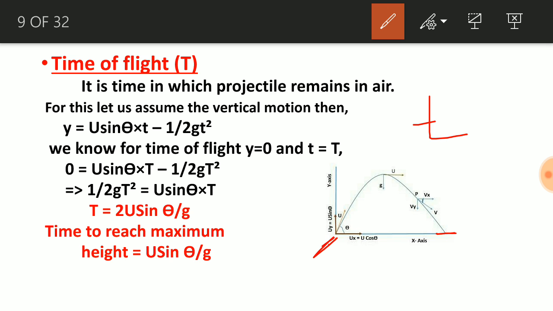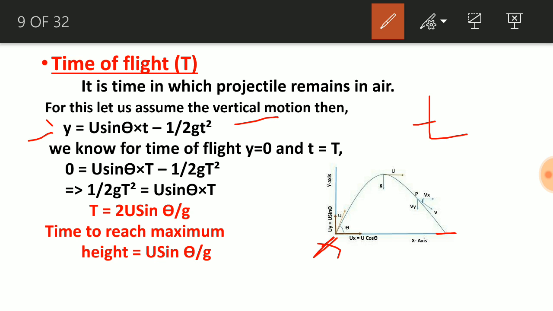But the time period of a projectile means the time taken by the projectile when it remains in air. Now for the time of flight, we take our vertical motion because it is moving along the vertical axis. If it is moving along the y-axis, that means it is in air.